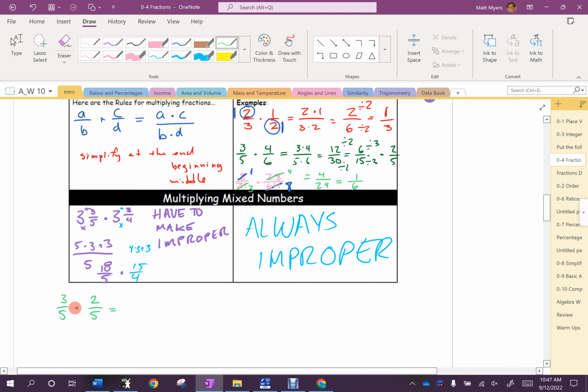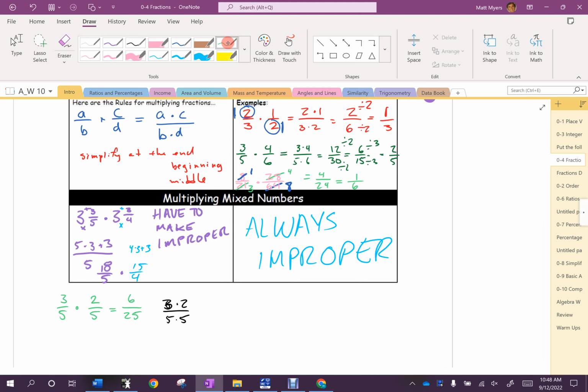We are multiplying. So what is the answer? Everybody said you got it right here, so I should be hearing 28 people yelling the right answer to me, shouldn't I? 6 25ths. Why? Because it's 3 times 2 over 5 times 5. Easy, right?